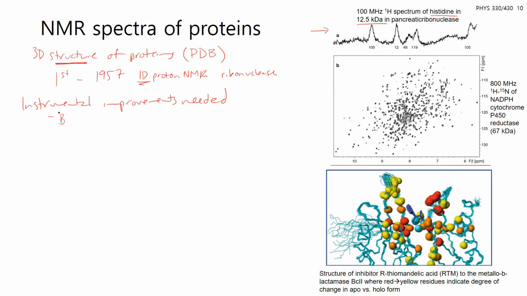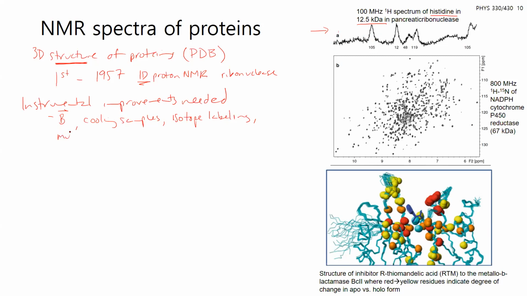So better magnetic fields, cooling the samples, getting very specific with the isotope labeling. Similar to this one up here, if you can just look at protons or nitrogens or carbons in specific sites, that will help you identify what you're looking at.